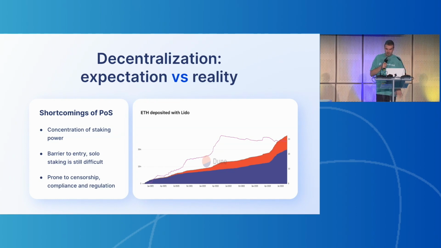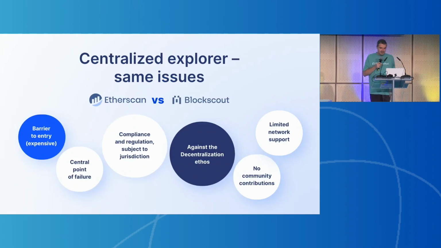And we see with the increase of staking power in liquid staking providers, the risks are actually very close to be a problem, right? So we think that what is important for data exploration tools is to have an easy barrier to entry.